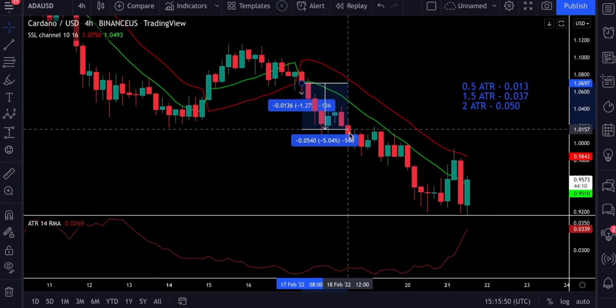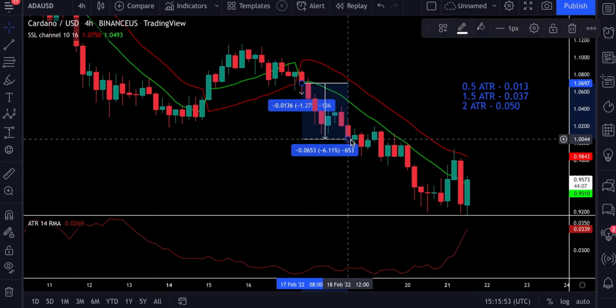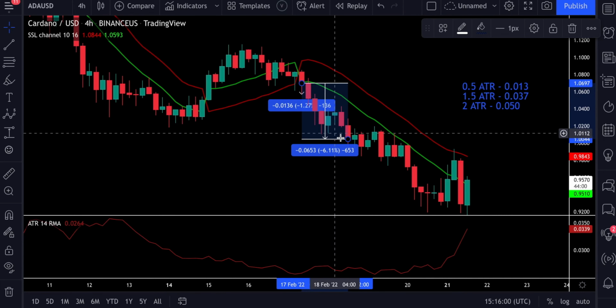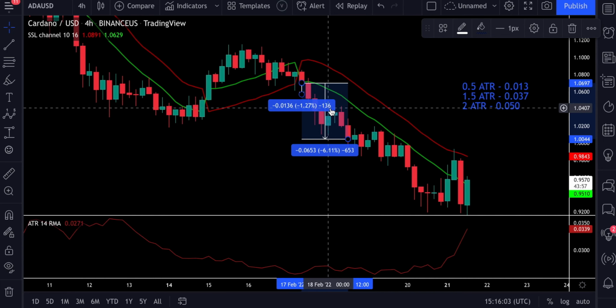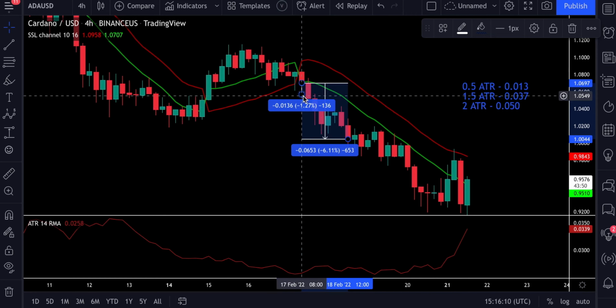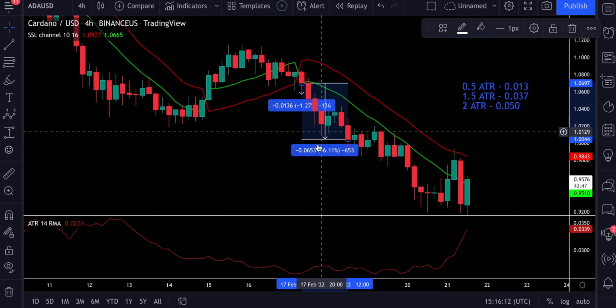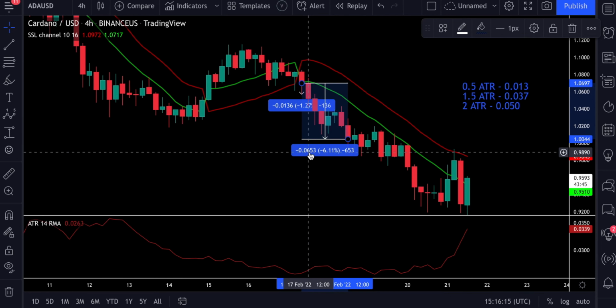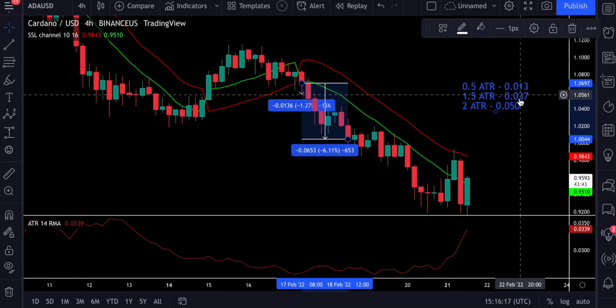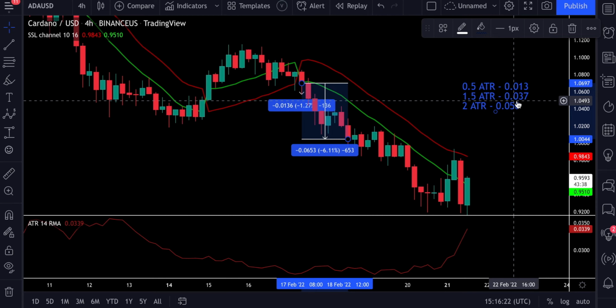And then next candlestick, boom, it drops all the way down here. So now what you want to do is calculate the distance between the current price and your stop loss. So that is exactly 1.5 ATR. This is how you scale in. So now the distance is, I don't know exactly, but if you take this number right here, 65, minus this number, 37, 1.5 ATR, that's roughly going to be at 28, I reckon.